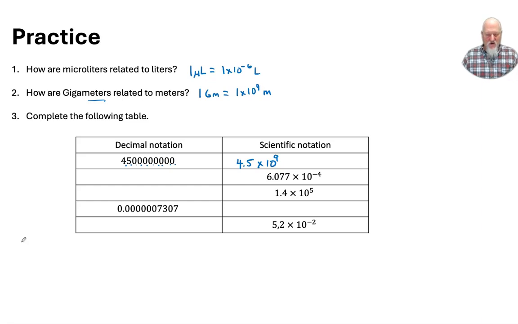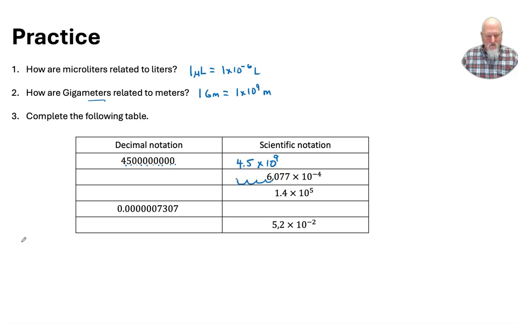Okay, going the other way. I'm given scientific notation, 6.077 times 10 to the negative 4th. Negative 4 means we have to take the number in front and divide by 10 4 times. Dividing by 10 is going to shift our decimal to the left. So 1, 2, 3, 4.